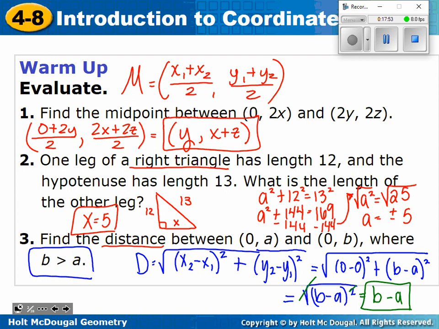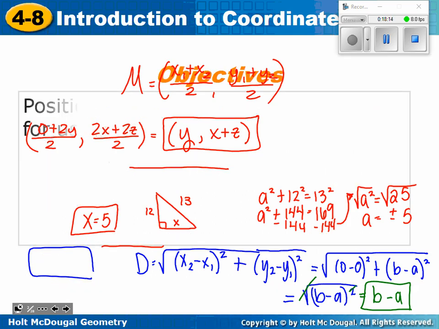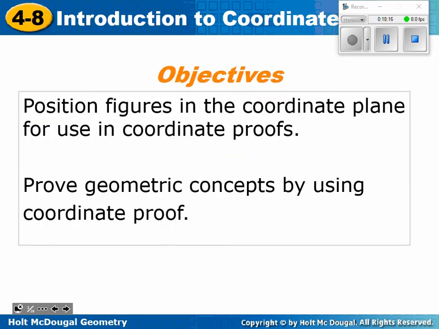All right. Then we're going to move on to our notes. So like I said, 4-8, we're not really going to do all of 4-8. We are just going to focus on setting up the situation. So I told you there's a lot of different kinds of proofs. We are focused on which kind of proofs in this class? 2-column. But we looked at flowchart proofs, we looked at paragraph proofs, and now we're going to talk about coordinate proofs.